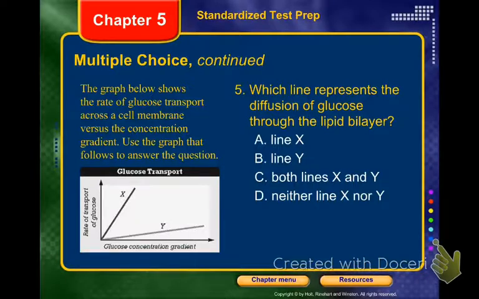That's a hard one, huh? What's the difference between these 2 lines, X and Y? One of them's increasing faster than the other.